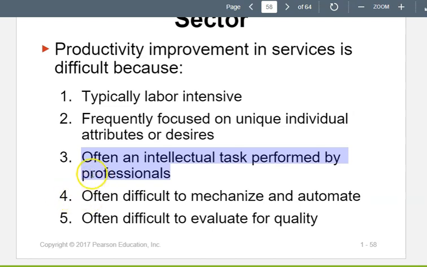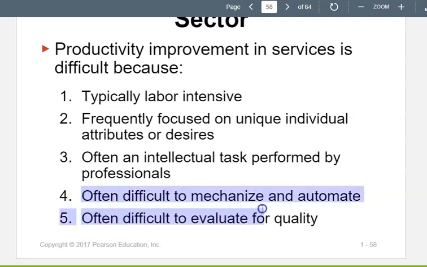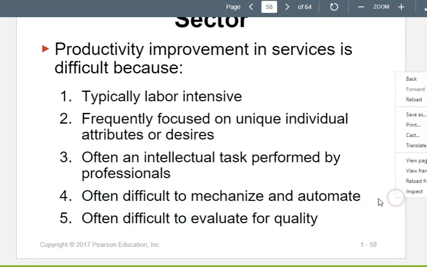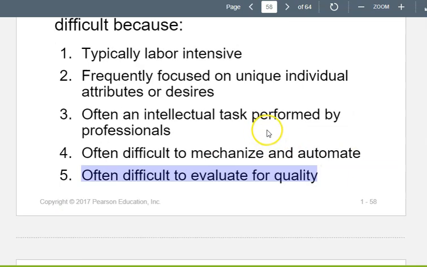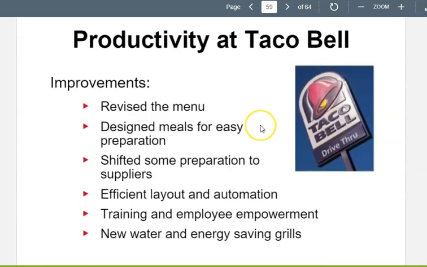They are the ones who can make changes, and sometimes they're not interested in making changes because they're getting paid, they're happy with their work, and not everyone is interested in going through the difficulty of changing. It is often difficult to mechanize, automation is difficult for many processes, and it is often difficult to evaluate for quality, especially things that are qualitative rather than quantitative.